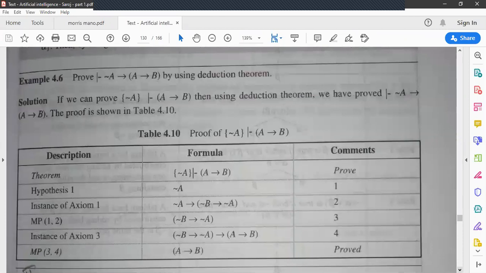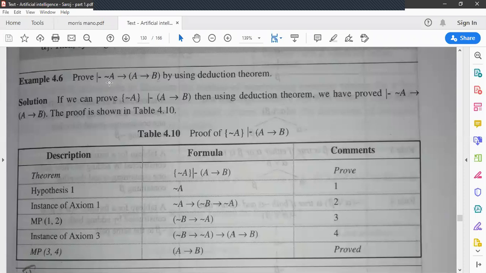In again, another example of this axiomatic system, you have to deduce. If you look at this example, here you are writing this symbol for deduction before the actual formula.